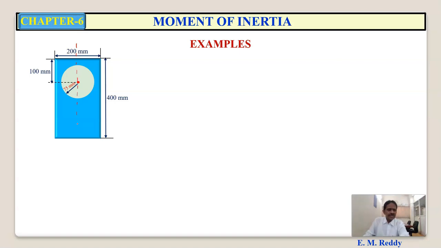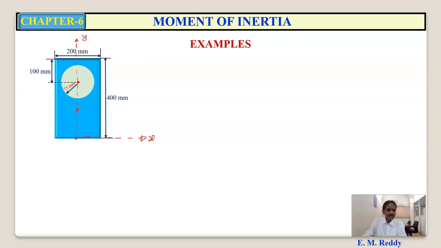So the centroid of this section will be located on the symmetrical axis. And taking from base, I am taking this as x-axis, y-axis. We know that the centroid will be located on the symmetrical axis, centroid of this entire figure.